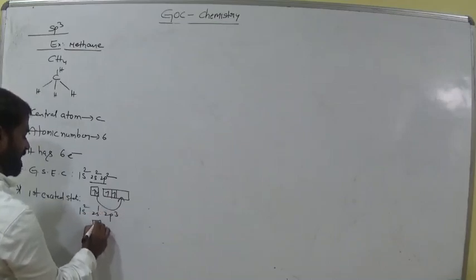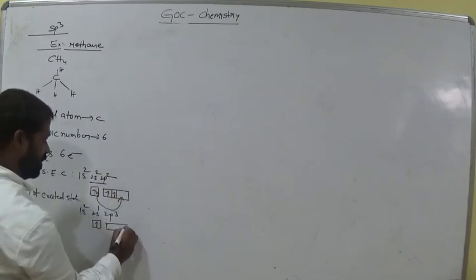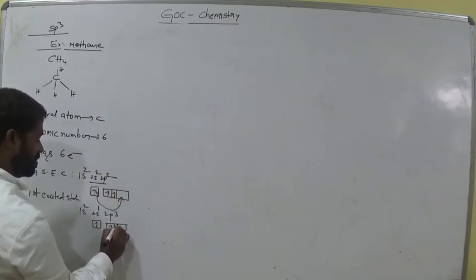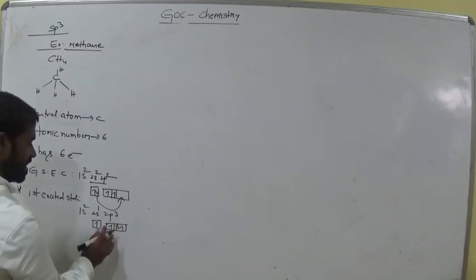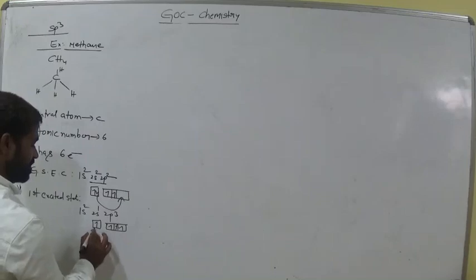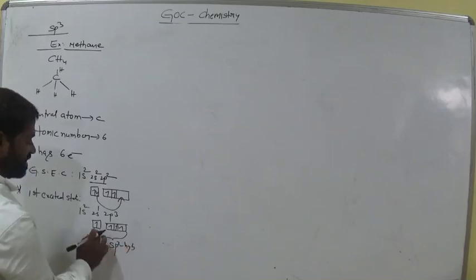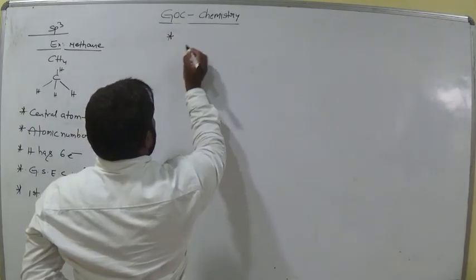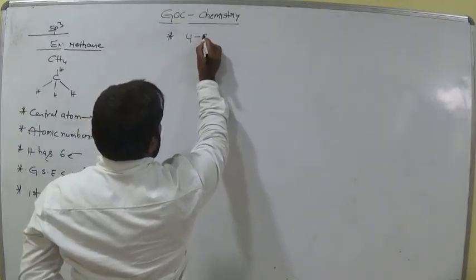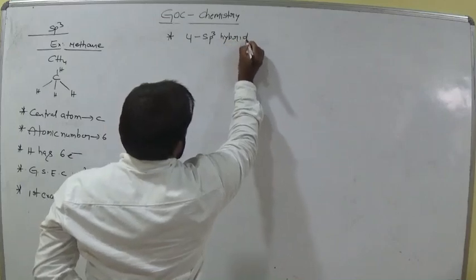The 2s has 1 electron, and the p has 3. sp3 hybridization means 1 s orbital and 3 p orbitals, all involved. So it gives 4 sp3 hybrid orbitals.